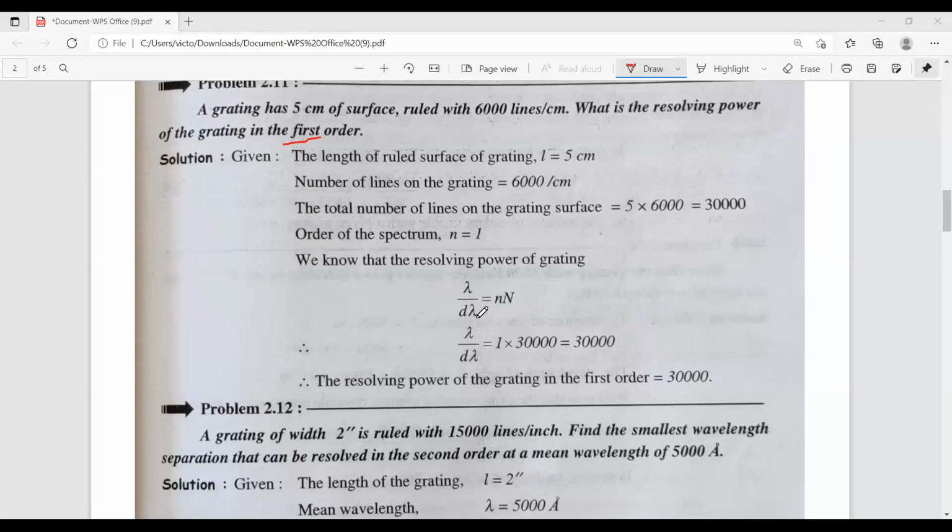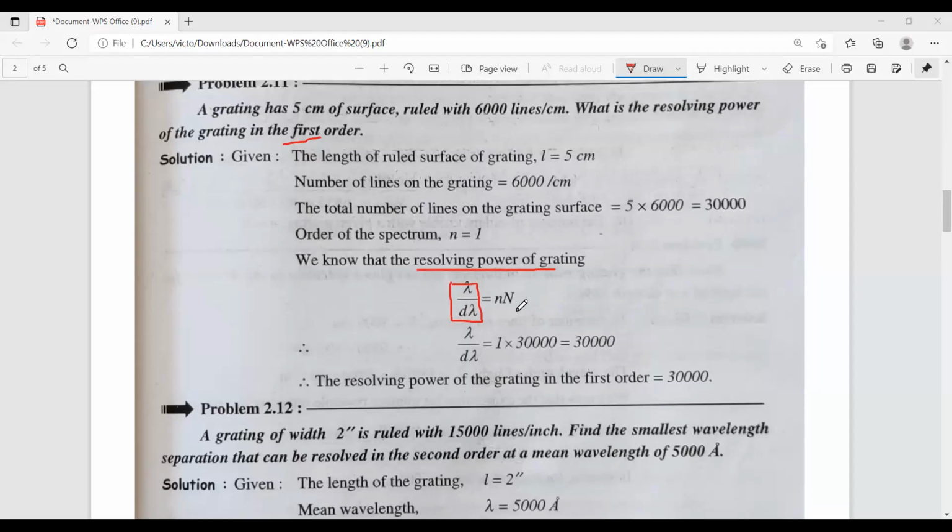Lambda by d lambda is equal to small n into capital N. Lambda by d lambda is known as the resolving power of the grating. Then what is the resolving power of grating expression?